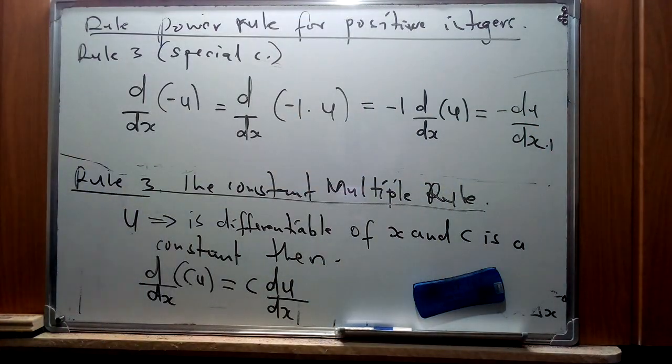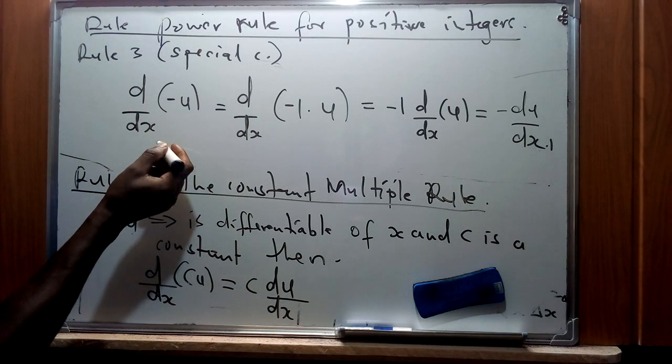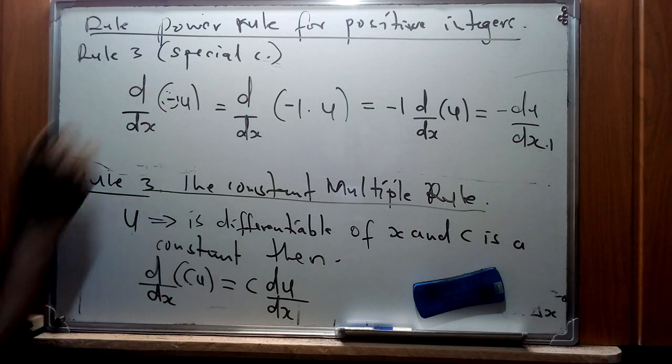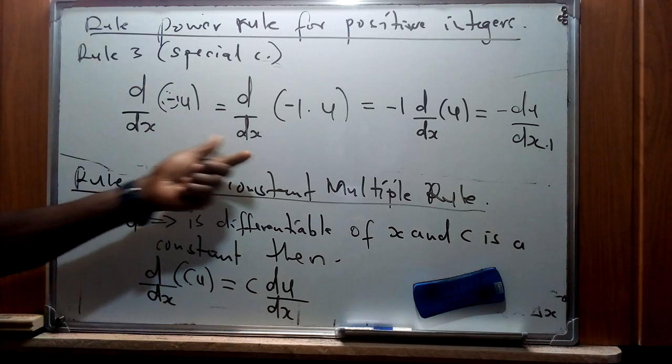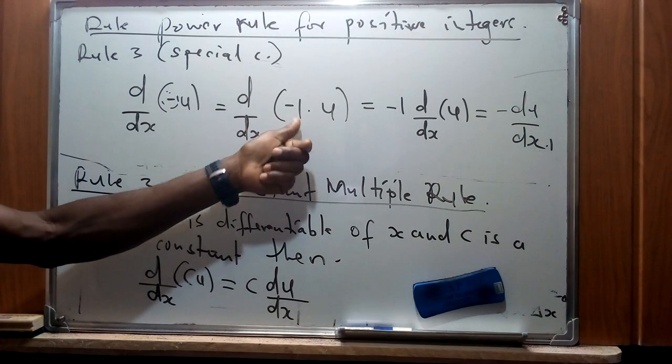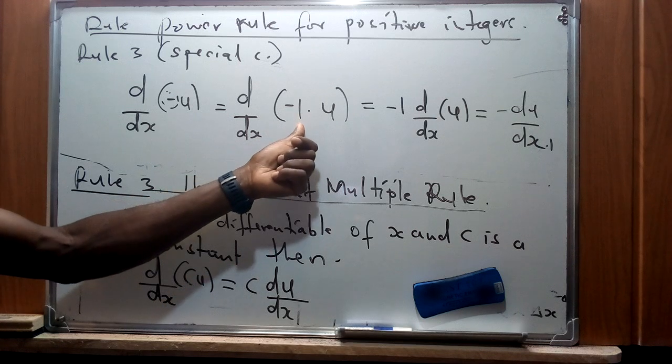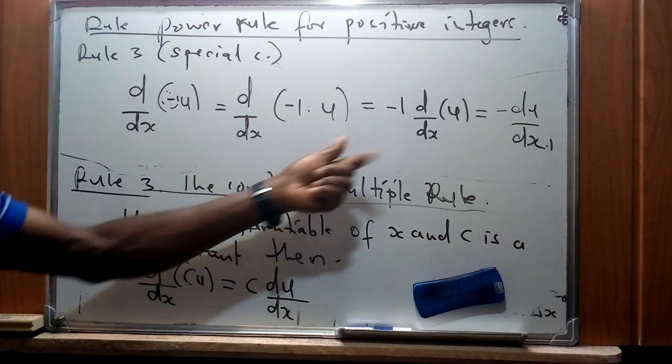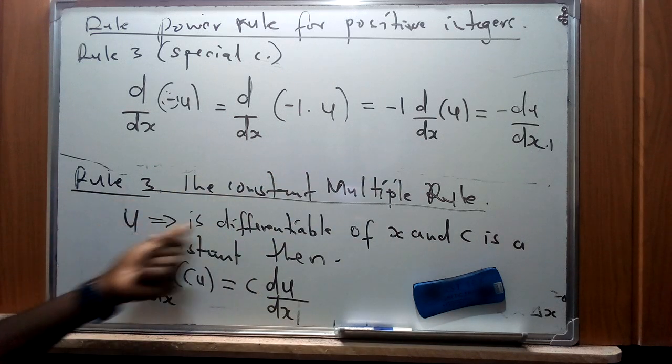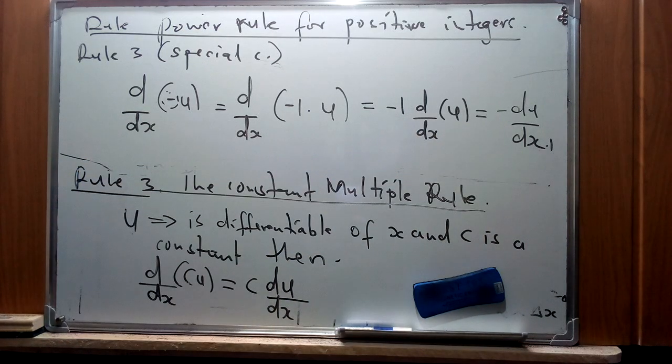So this is an extension of rule number 3. If the constant is negative 1, we treat it as such, substitute it as a constant and treat it using rule number 3, and therefore its derivative will be the negative, represented as that.